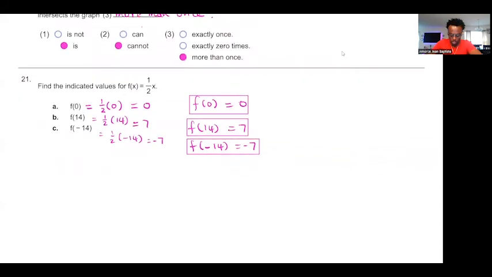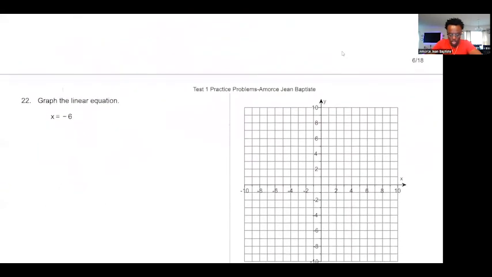Okay. That was it for this one. Now, what you need to remember is that sometimes you're going to see an equation that misses some variables, because the equation of a line is always in the form y equals mx plus b, where there is an x and there's a y.